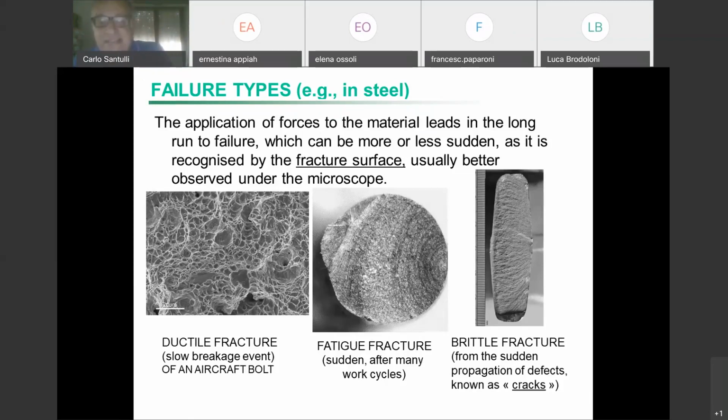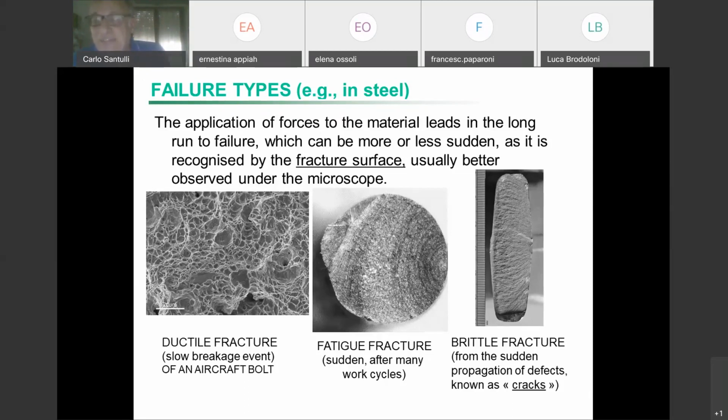In other cases, you may have a brittle fracture. How does brittle fracture take place? It is sudden, but we have a crack, a defect, which in most cases in steel we don't see. It's very hard to see cracks in steel.